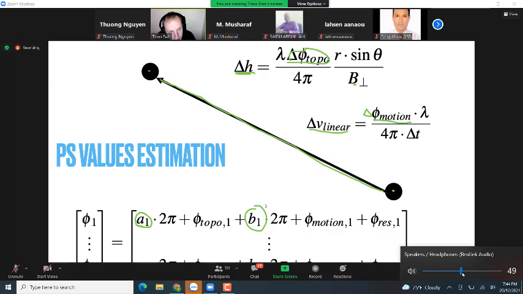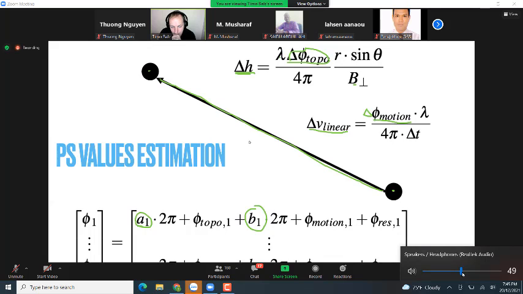So it's still doable. Now, one more thing I did not mention yet. We form here a link between two PS points. We estimated the topographic difference and the motion difference between these two.